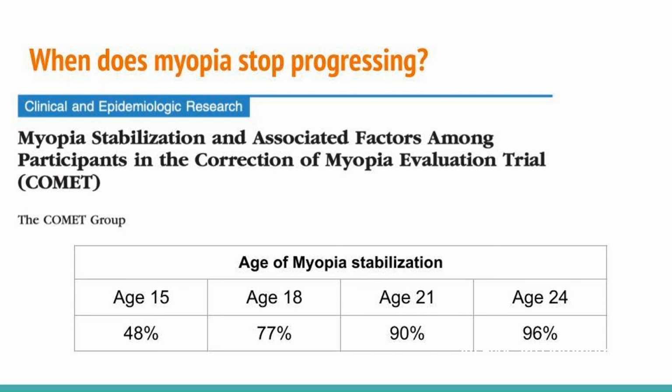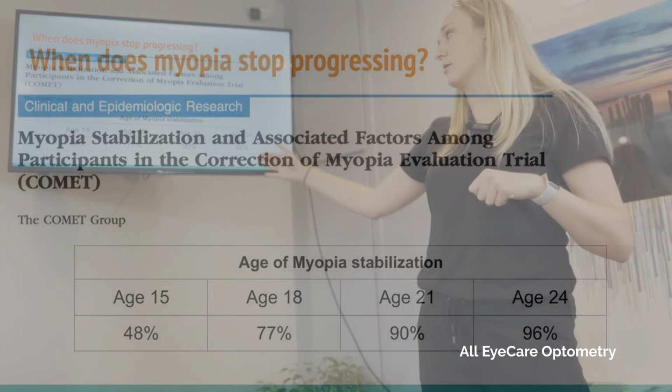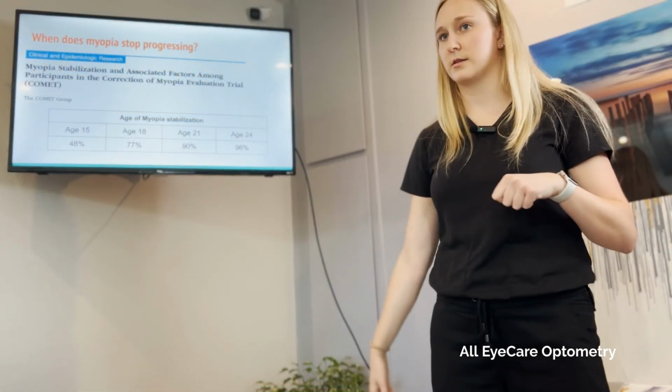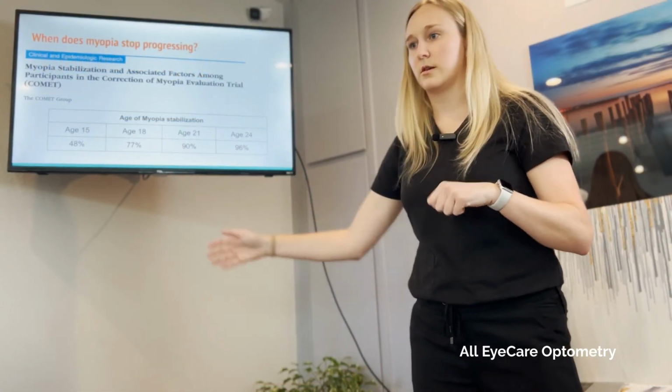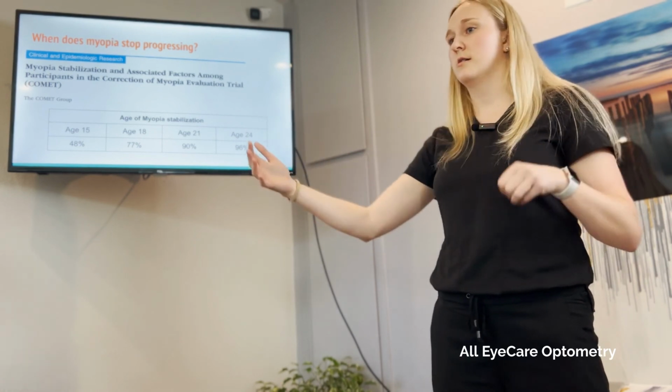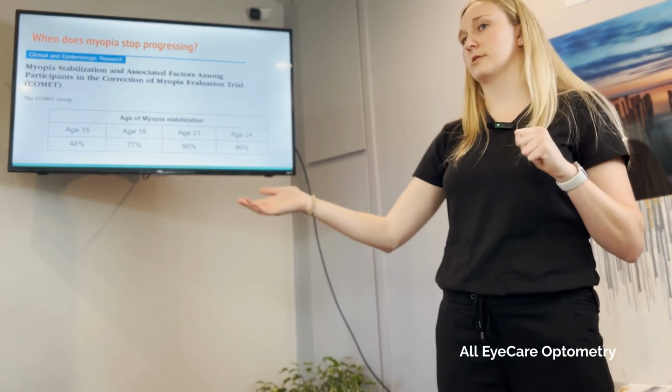And then even after we stop myopia control, we need to keep monitoring them, because if we are going to see significant progression following stopping myopia control, then we need to probably restart it, because not 100% of patients are stable by their early 20s, but most of them are. So we don't want to take people too far, but we want to make sure we're acting if we're still seeing progression.